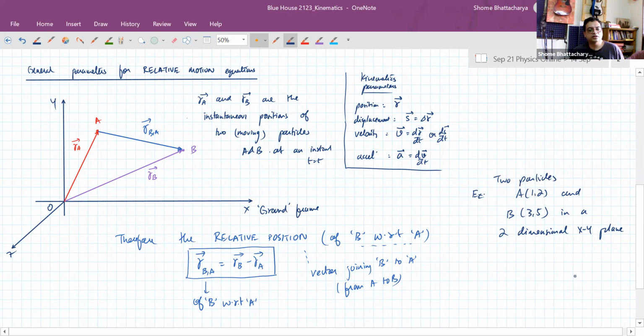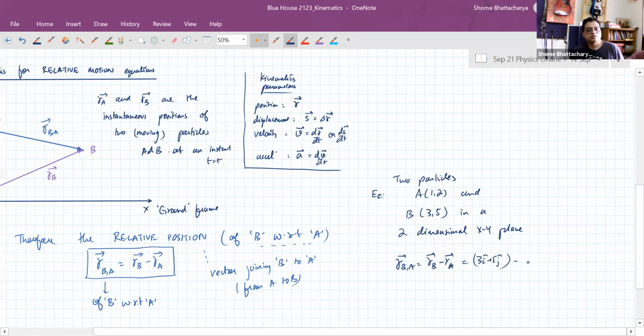A and B are located like this. So the position of B with respect to A, according to this, will become position vector of B minus position vector of A. So it is 3 I cap plus 5 J cap minus I cap plus J cap.